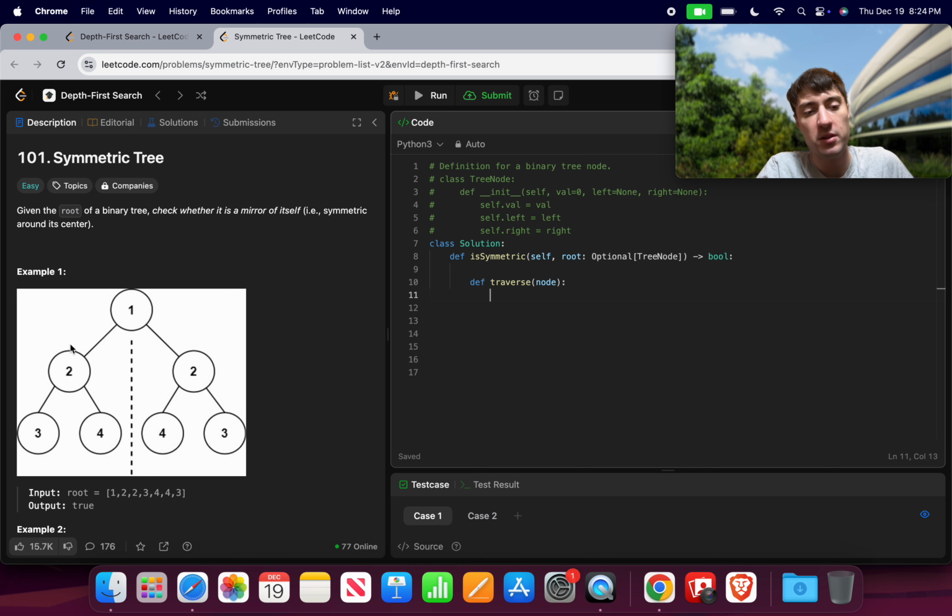What I mean is, when I look at this node, its children do not need to have mirror qualities. This is a 3 and this is a 4. So I don't need to put a mirror here and get symmetry. Which means, how do I use recursion to perform this?